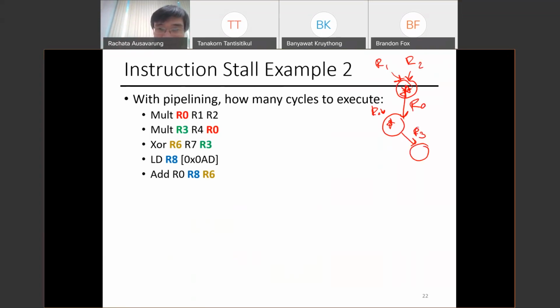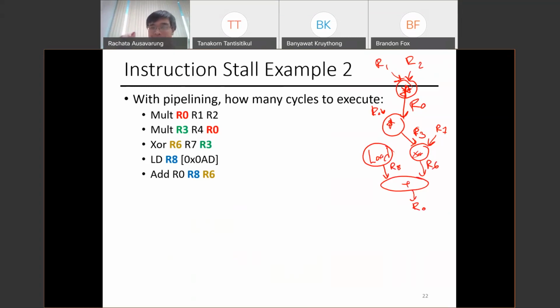Then you XOR R3 and R7, generate R6, and then there's a load right here that generates R8, which just gets added into R0. What does it mean?